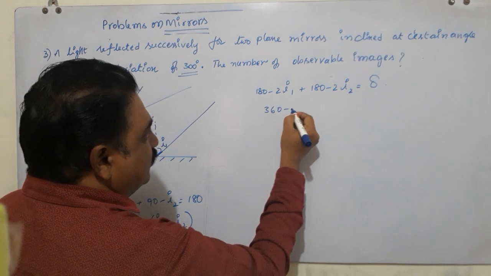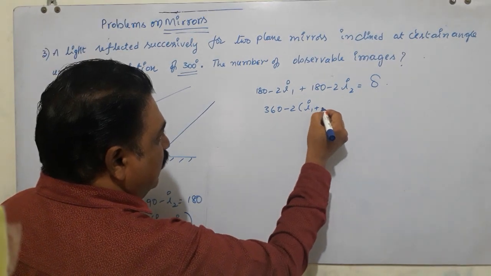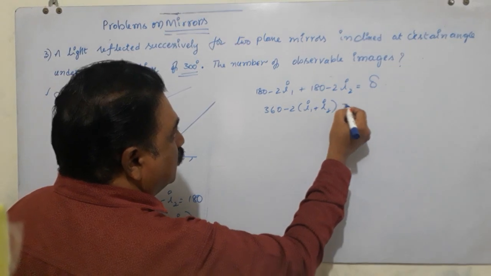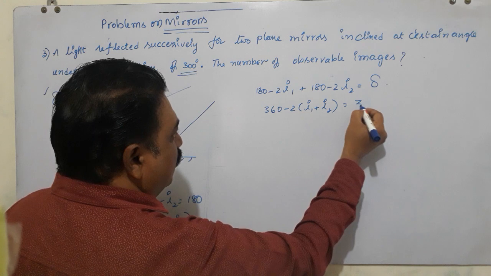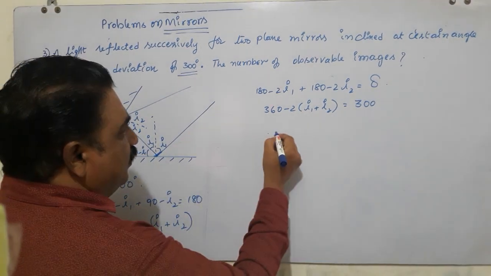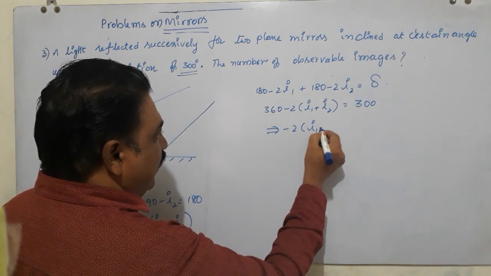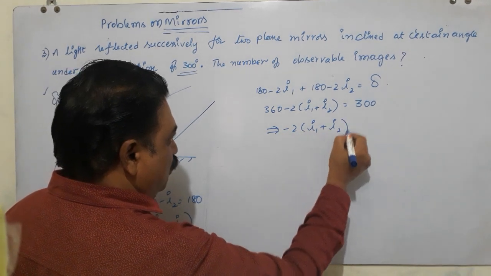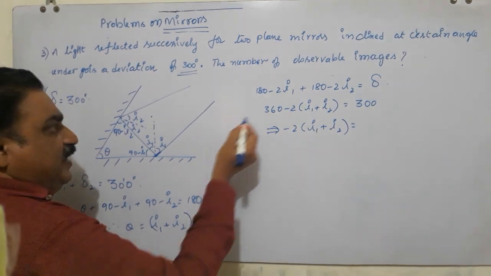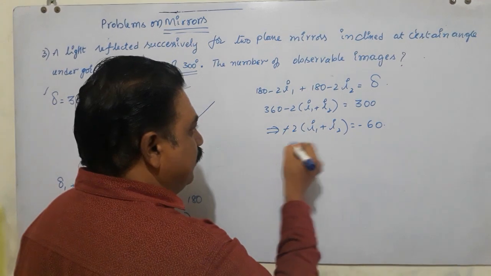That means 360 minus 2 into (I1 plus I2) is equal to delta, which is given as 300. That implies minus 2 into (I1 plus I2) is equal to 300 minus 360, which is minus 60.